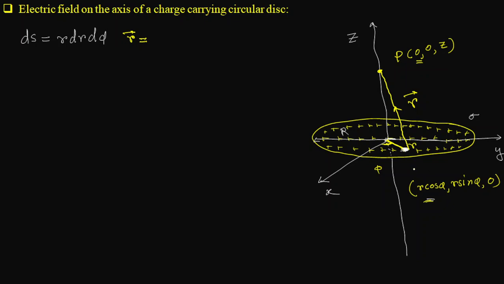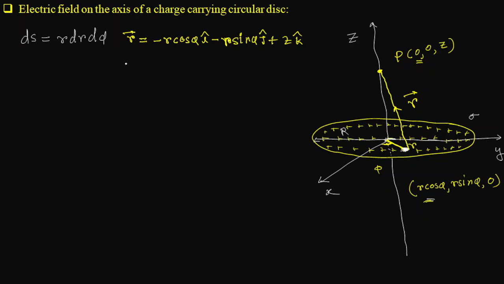The x coordinate is 0, so 0 minus r cos phi into i cap, which gives minus r cos phi i cap. Then 0 minus r sin phi, which gives minus r sin phi j cap. And then plus z minus 0 k cap, so z k cap.